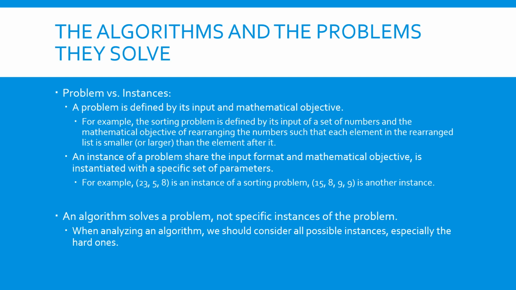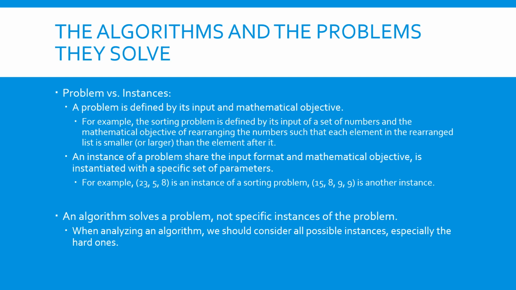On the other hand, an instance of a problem is instantiated with specific parameters of the inputs. For example, the input numbers 23, 5, 8 correspond to an instance of a sorting problem, and 15, 8, 9, 9 correspond to another instance of a sorting problem.